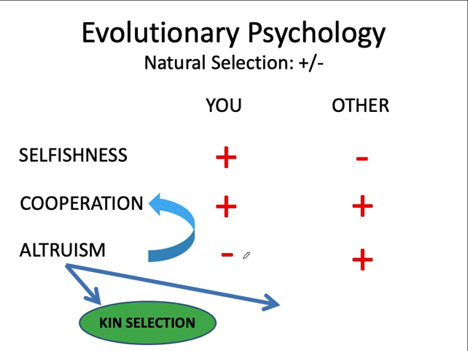In other words, kin selection favors altruistic behaviors because, while costing the actor in some sense, it has a net positive benefit for your inclusive fitness.